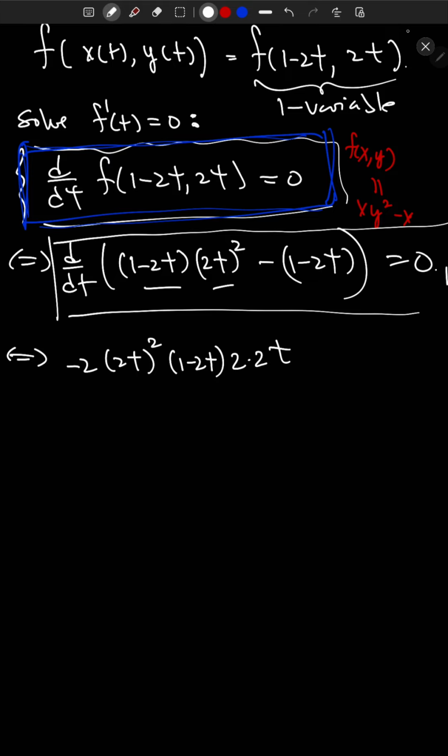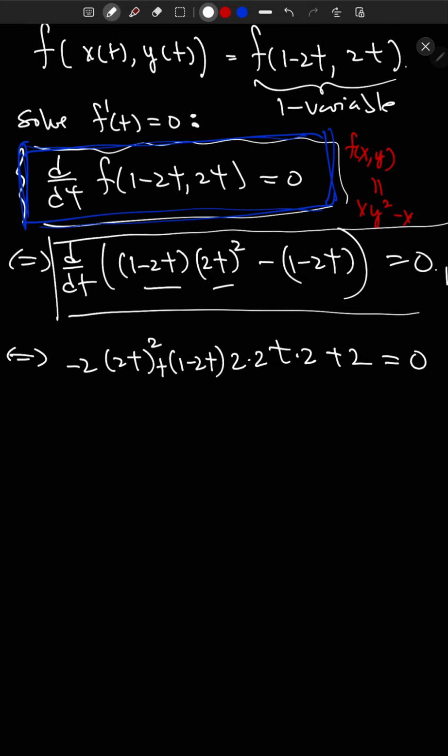Let's see, I'm doing the product rule, so that should be a plus right there. And then the derivative here is going to be just 2.